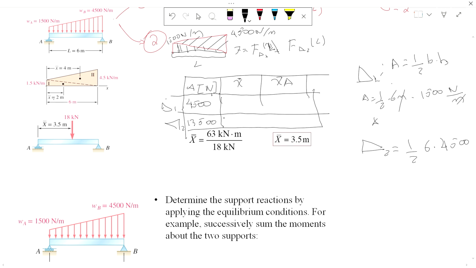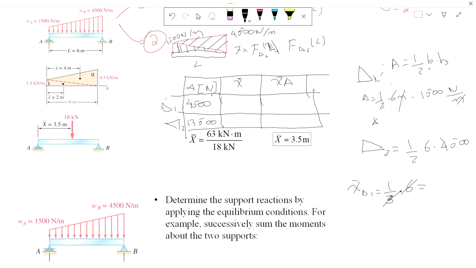All right, perfect. Okay, so we know how to do the centroid of a triangle. The centroid of triangle 1 is equal to 1/3 of the length, sorry, 1/3 of 6, not 1/2.